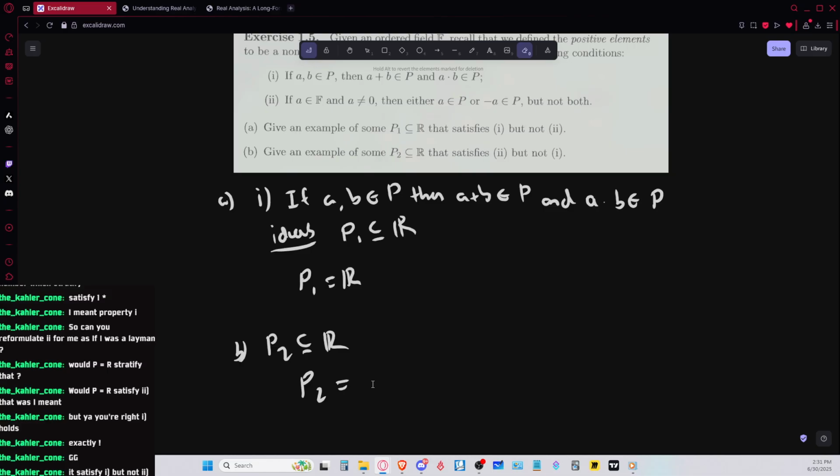Because it can't contain both the negative and the positive numbers, it has to be either positive or negative.